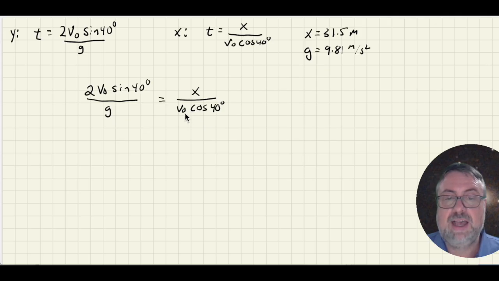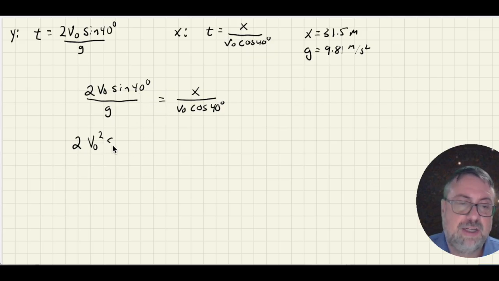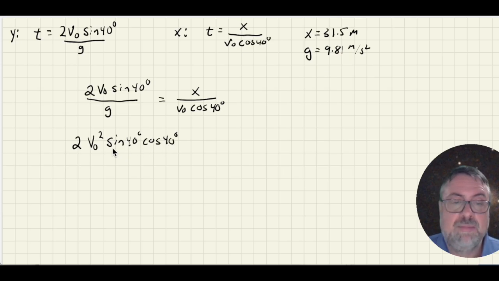I will multiply this term over to the other side and the g over there. So when I do that, I end up with 2 v naught squared times sine 40 degrees times cosine 40 degrees. Now that may look scary, but these are just two decimals being multiplied. And that's going to be equal to x times g.